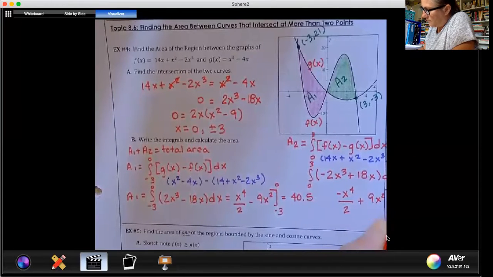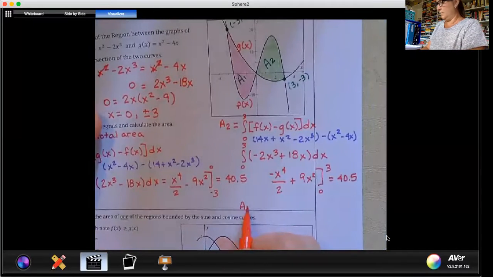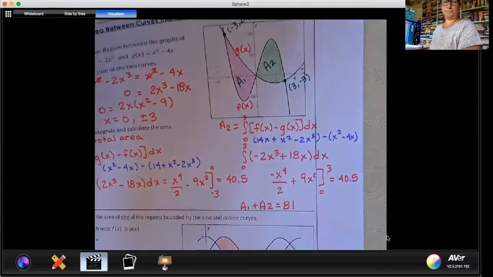And from 0 to 3, we get 40.5. So area 1 plus area 2 is equal to 81.